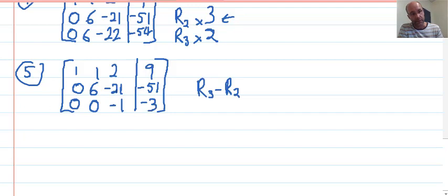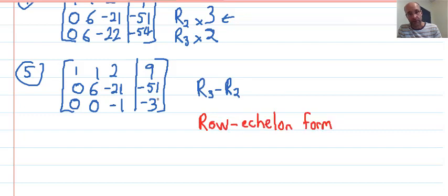Now, when we've got that form, that's the form we wanted, you might remember, we can say that it's in row echelon form. So that's an example of row echelon form. That means that the row leaders, which are 1, 6, and -1, occur one spot further to the right compared to the row leader from the row above.